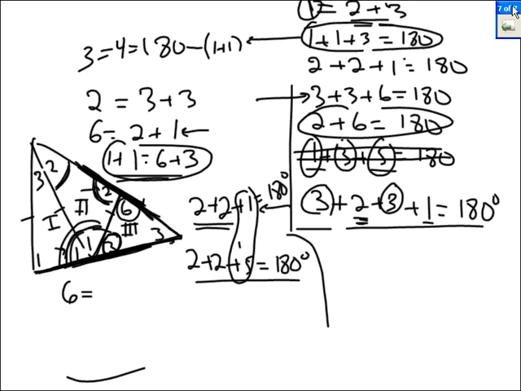So angle 6 is not this angle, but the sum of the other two angles. Angle 6 is angle 2 plus angle 1. But I already have that.